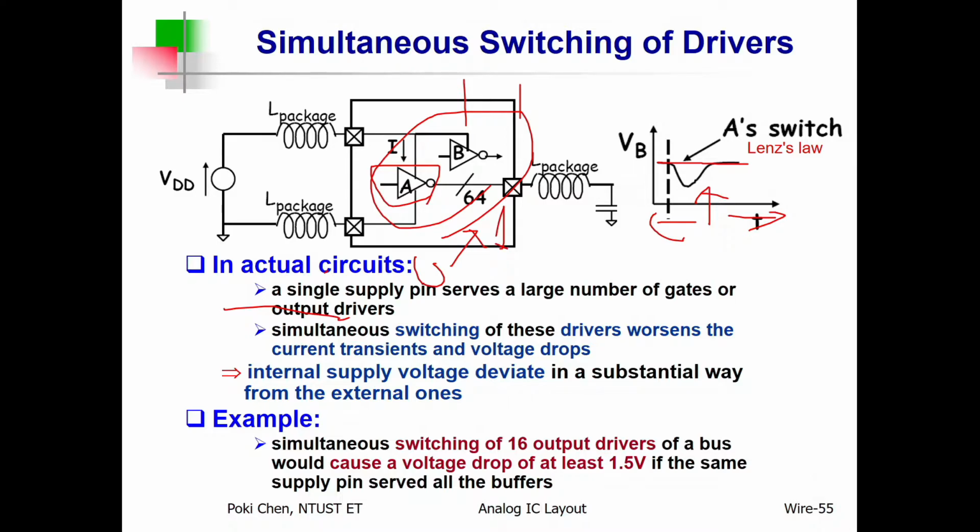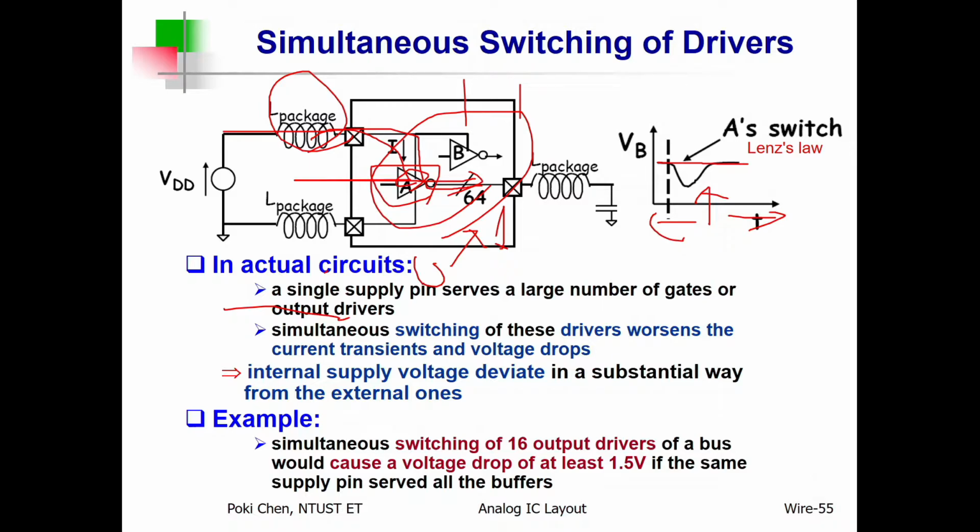How can you make the output become 1? It means the PMOS of the upper buffer needs to be turned on and the output will be connected to the VDD. However, it needs to consume extra more power, more current. According to Lenz's law, inductor actually hates the current change very much.